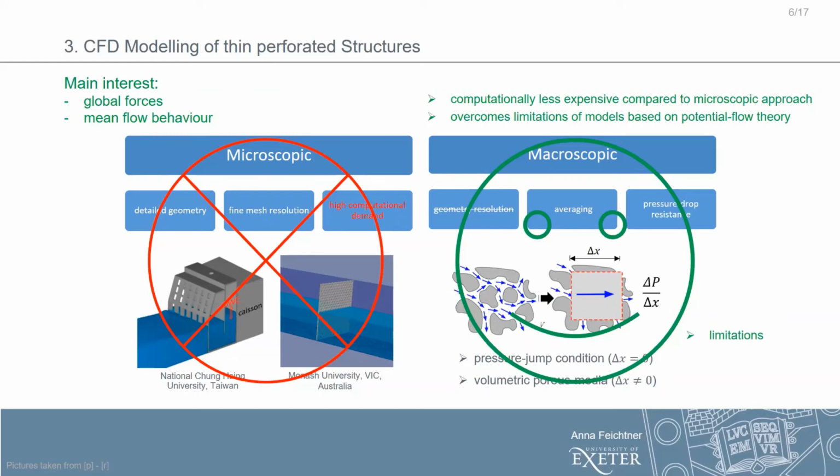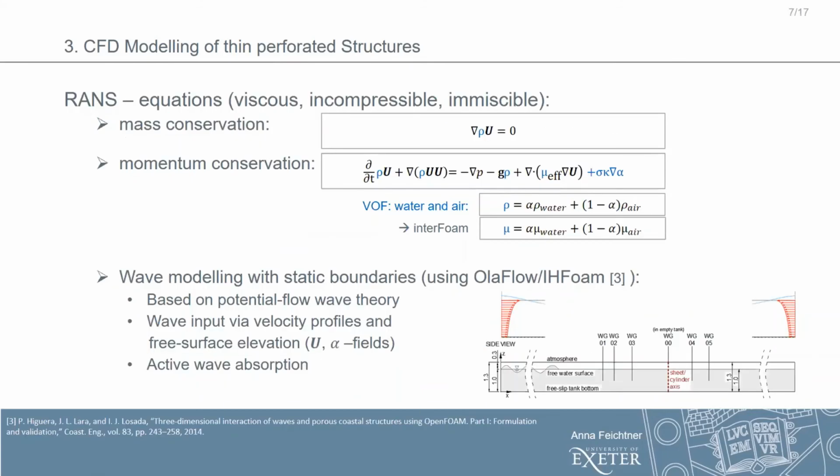represented very accurately. So I'm using here the Reynolds-averaged Navier-Stokes equations with the use of OpenFOAM's interFoam solver package in combination with the volume of fluid method in that case. And there exist wave modeling toolboxes, and I'm using one of those. That's olaFlow and IHFoam.